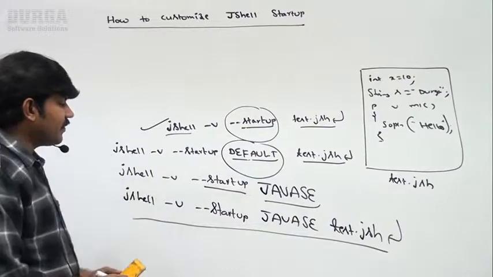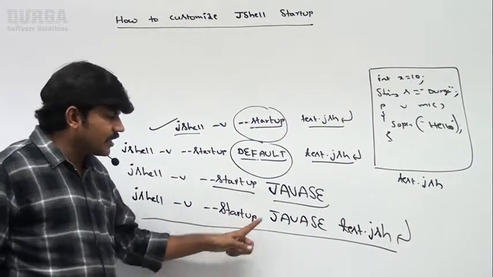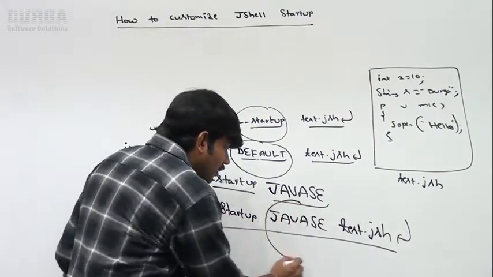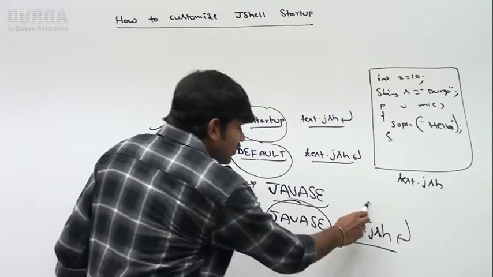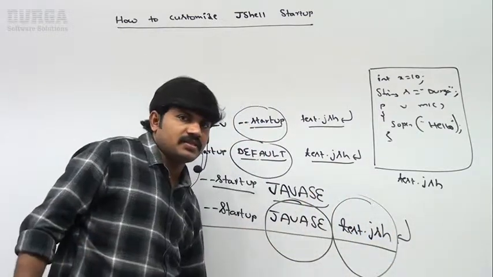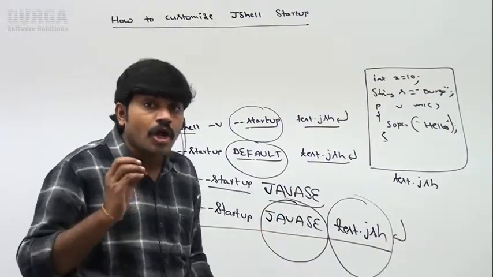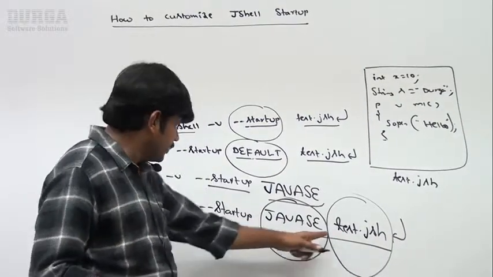Are you getting? Sir, I want all Java SE plus the snippets present inside test.jsh. These things also I want. How can you do that? Okay, this is the way.